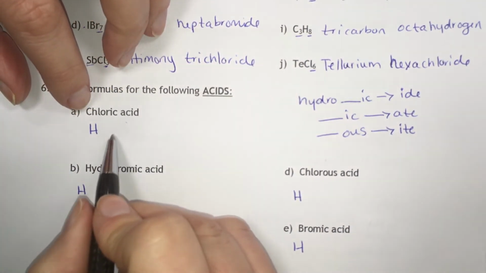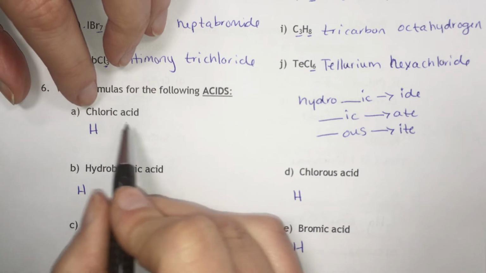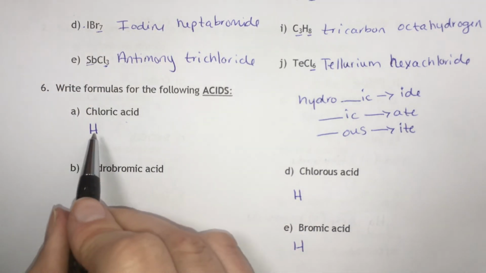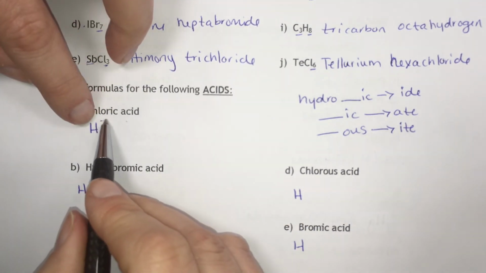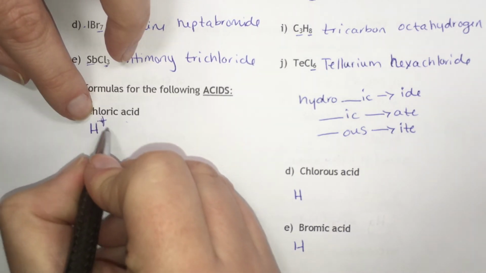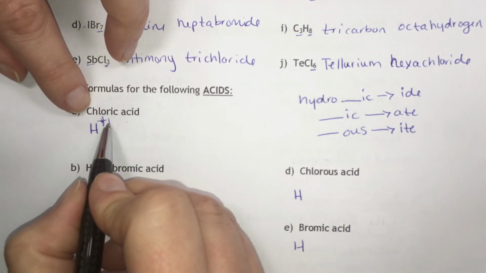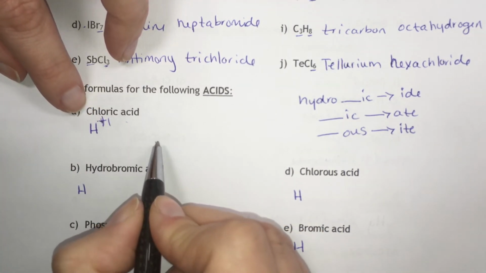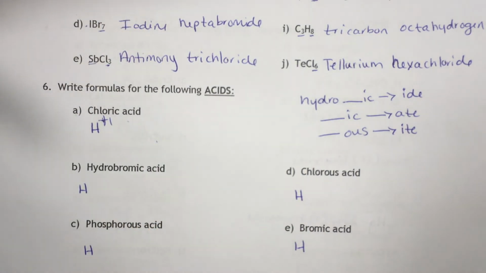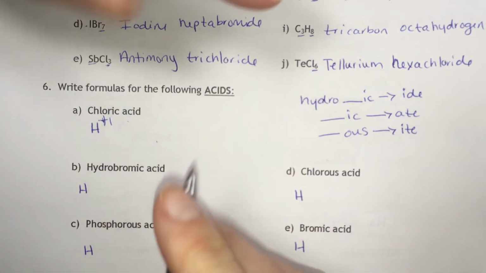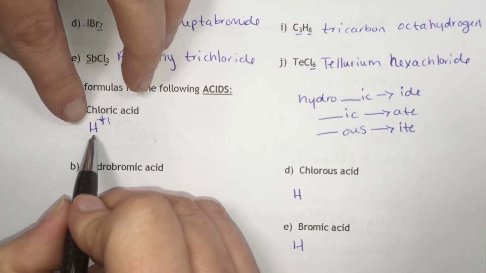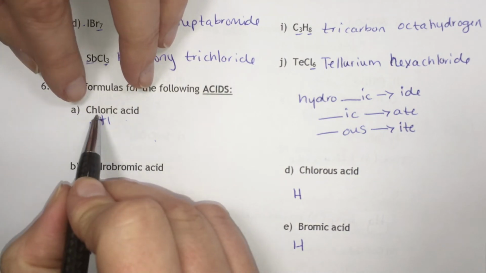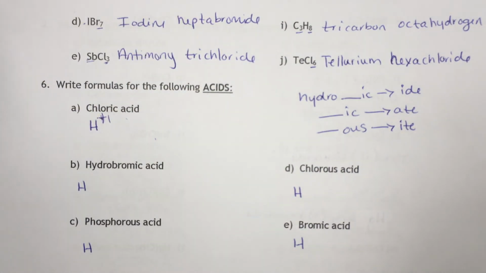So we're just trying to find out what that H is bonding to. Since H has a +1 charge, the ion is going to have that +1, the 1 subscript. So really all we're trying to do is find out what the H's subscript is and what the original ion is.